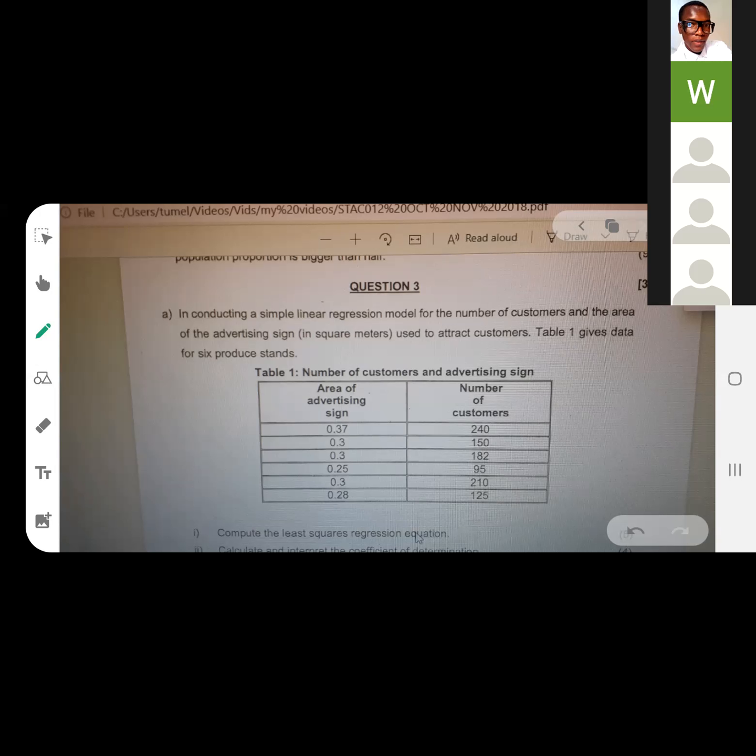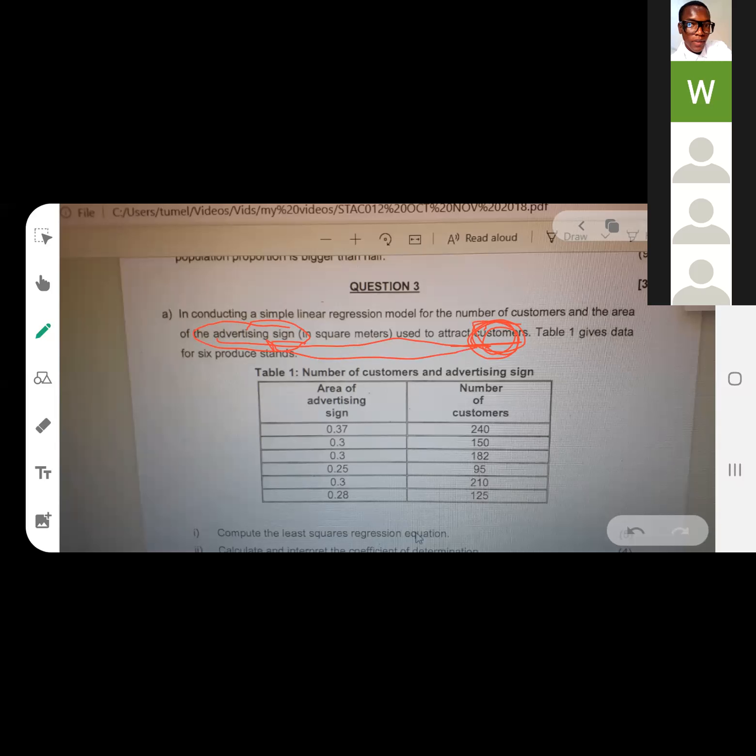The reason we are saying area of advertising sign is an independent variable is because you are told in this statement that the advertising sign is used to attract customers, meaning that the advertising sign is the one that has an effect on the number of customers. So the number of customers depends on the area of advertising sign.